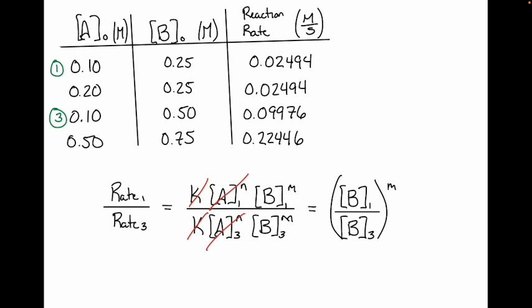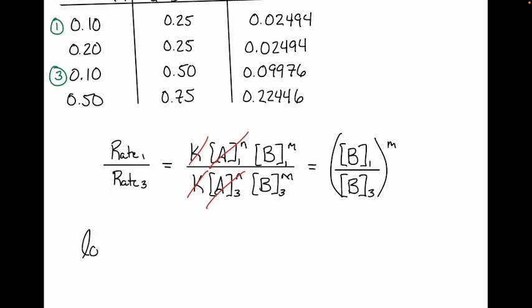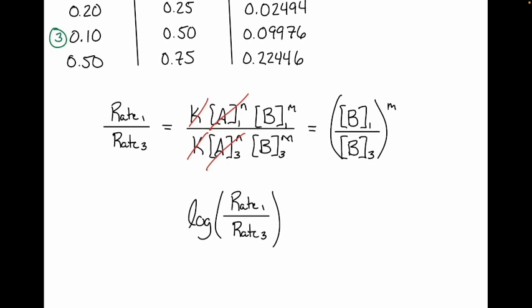And then we're going to play the same algebra game that we played before in order to bring that exponent down. Take the log of both sides. So I get the log of those rate ratios divided by the log of those concentration ratios.